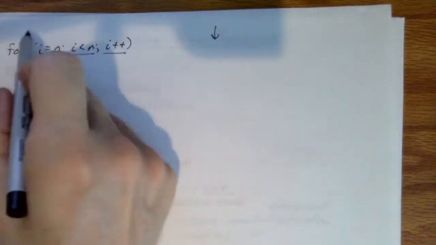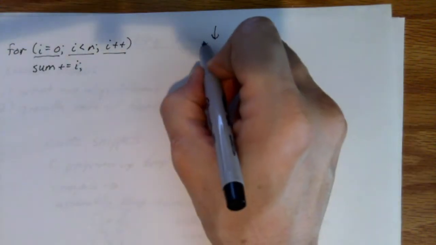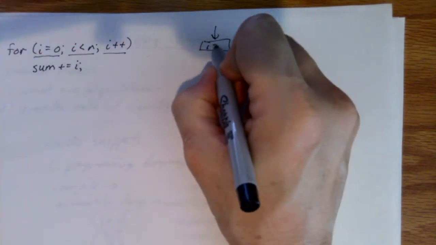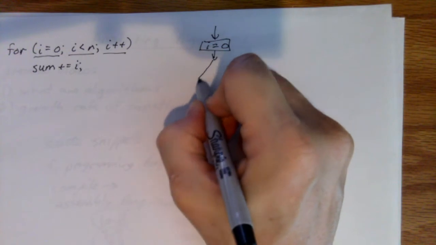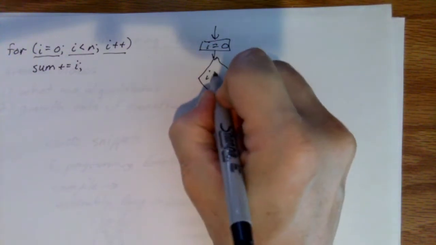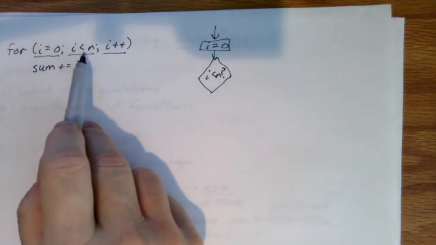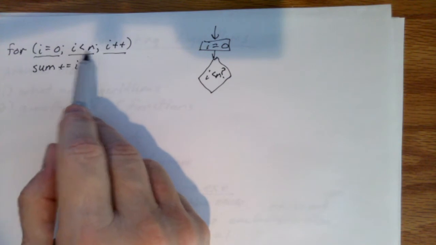We probably have some code above this. In fact, we would have to declare the variables. But here we're going to initialize i to 0, and then we immediately come over and ask the question, is i less than n? And it's possible that the answer is no, it's possible that i is not less than n, and the loop fails immediately.